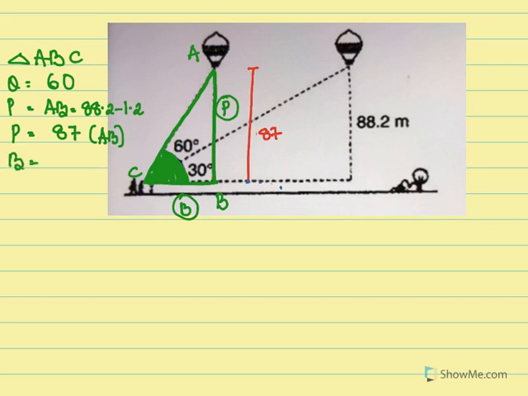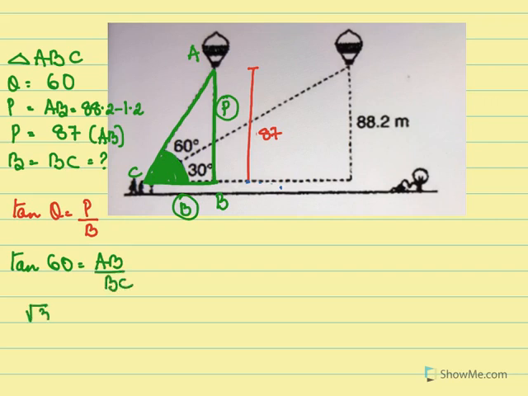The base here is BC, which we do not know, and as usual we start with tan theta, which is perpendicular over base. In this case tan theta is tan 60, perpendicular is AB and base is BC. Tan 60 is root 3, AB is 87, over BC. So we have BC equal to 87 over root 3. We've taken one, we need this later.